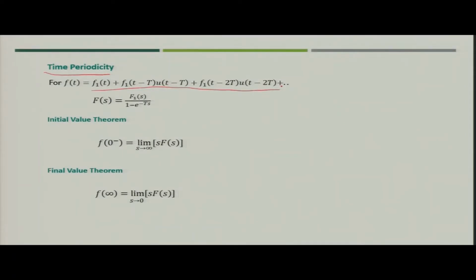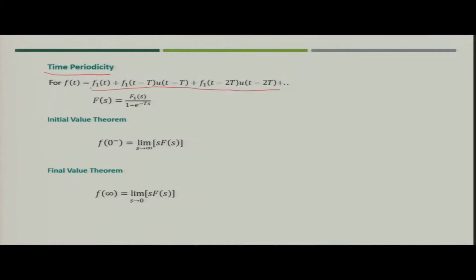So, you can represent a periodic function as a combination of various functions, where the first function is the value of the periodic function in the first time period, and the others are the first function with time shifts: shifted by T, then by 2T, and so on.